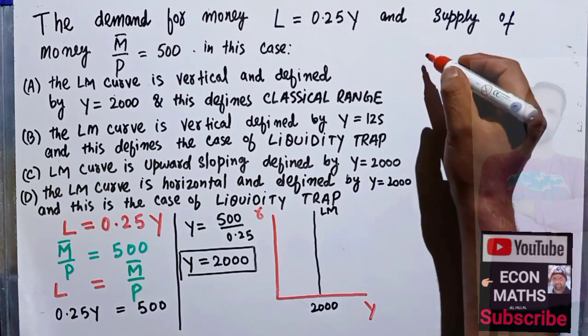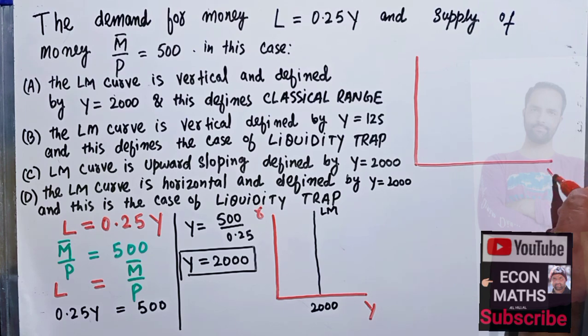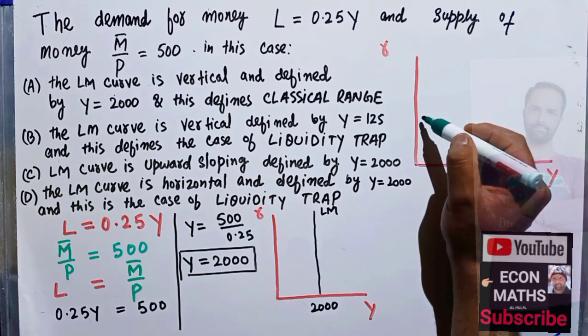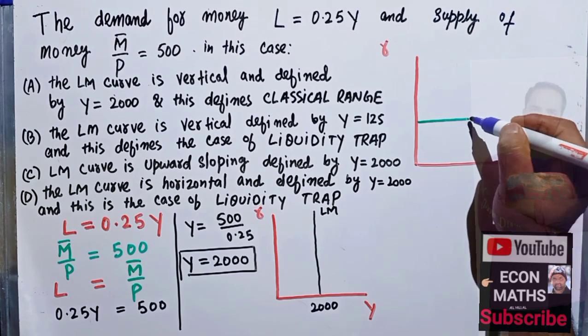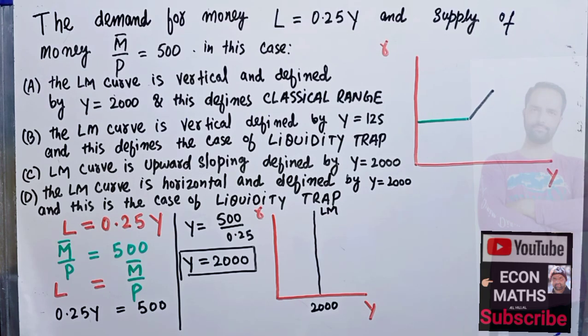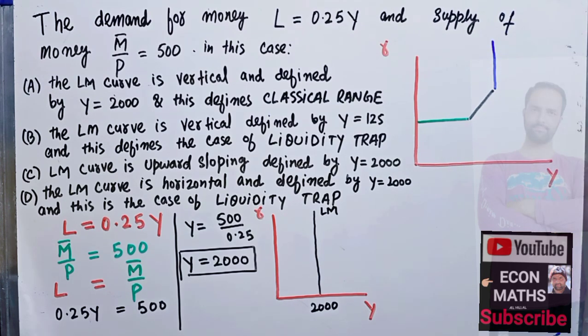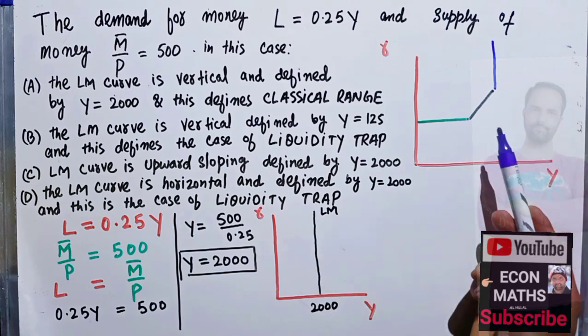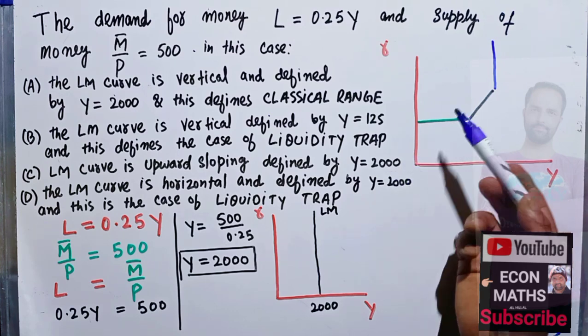Normally, if I have income on the horizontal axis and rate of interest on the vertical axis, the LM curve can be either horizontal, or it can be upward sloping, or it can be vertical. When the LM curve is horizontal, it denotes the liquidity trap situation.